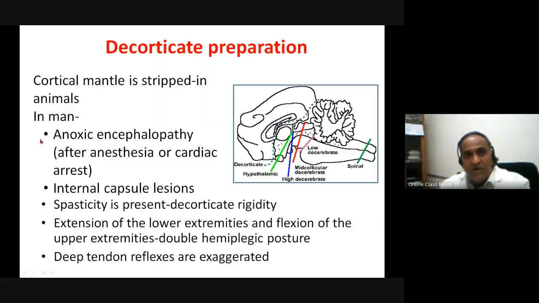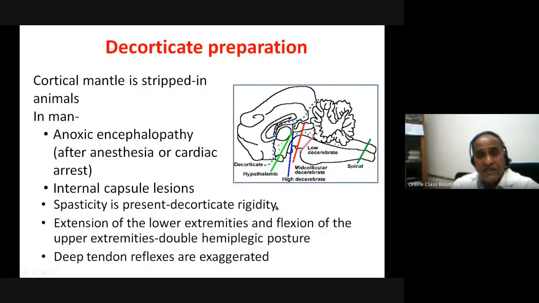Now, decorticate preparation, again I repeat, is a mental stripped-down state in animals. In man, it occurs in anoxic encephalopathy after anesthesia or cardiac arrest, because in cardiac arrest there is no blood supply to the cerebral cortex, which may kill it, or it can be produced by internal capsular lesions.